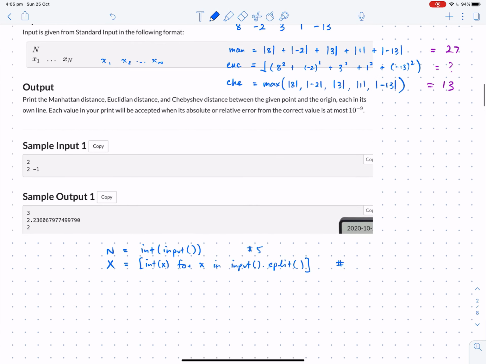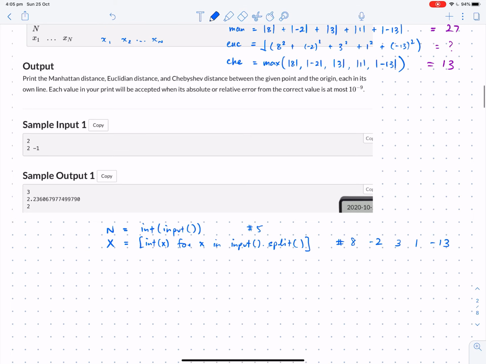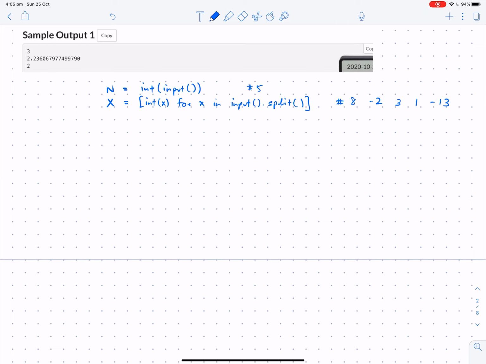Okay, and that could be our 8, -2, 3, 3, 1, and -13. And of course, if that's what it looks like in the input, then by the time this bit of code's done with it, we'll have a list where they're actually integers.